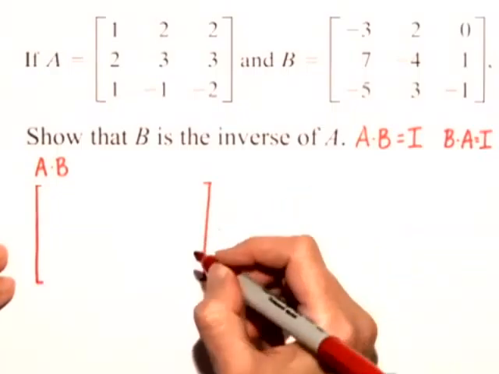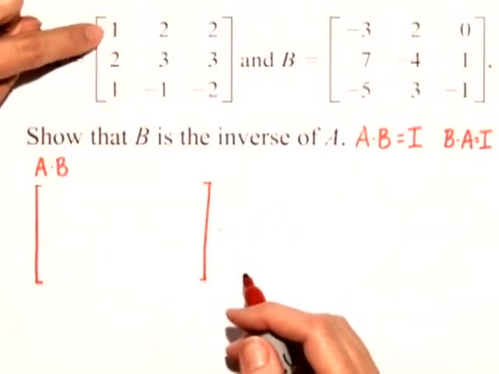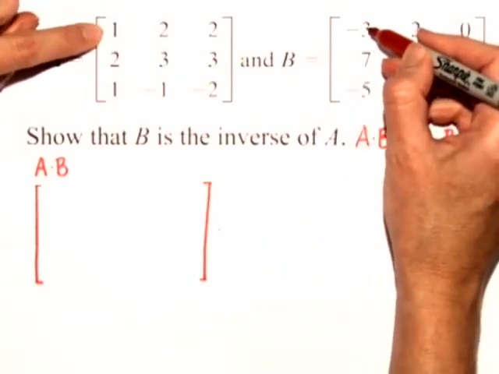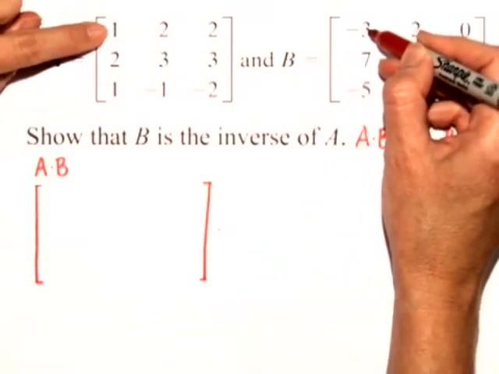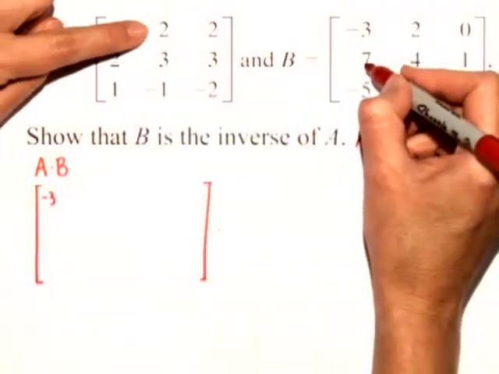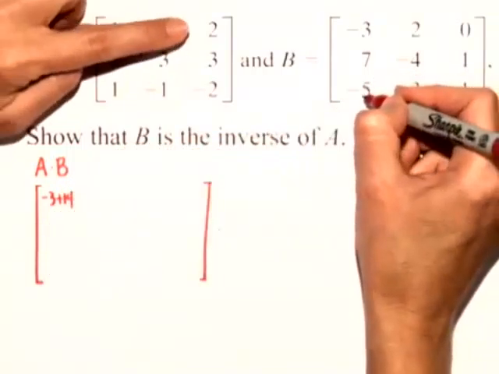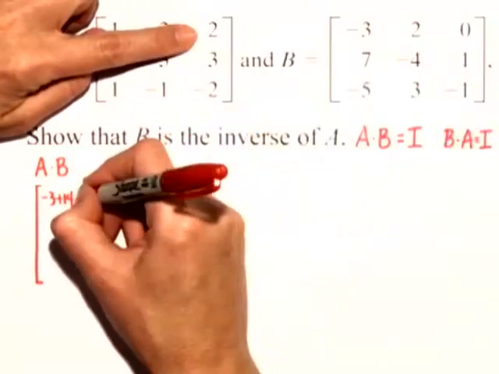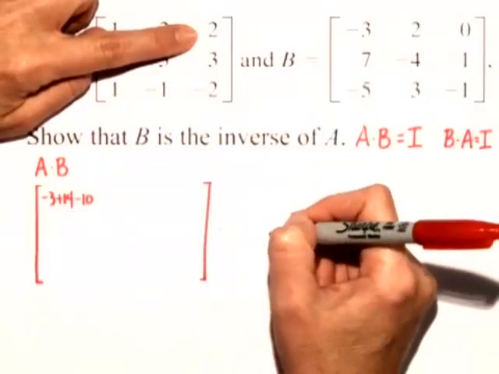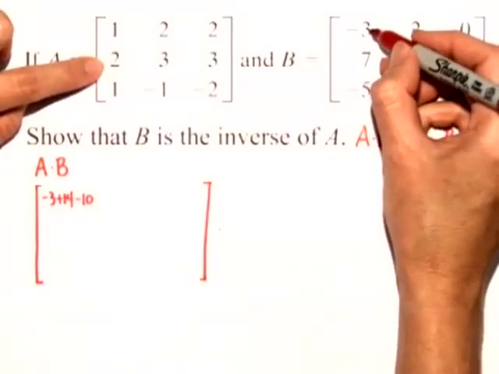And we're going to get a 3 by 3 matrix, and we're going to start in row 1 of A and in column 1 of B. We have 1 times -3, which is -3, plus 2 times 7, which is 14, plus 2 times -5, which is -10. Now we'll move down to row 2, column 1.